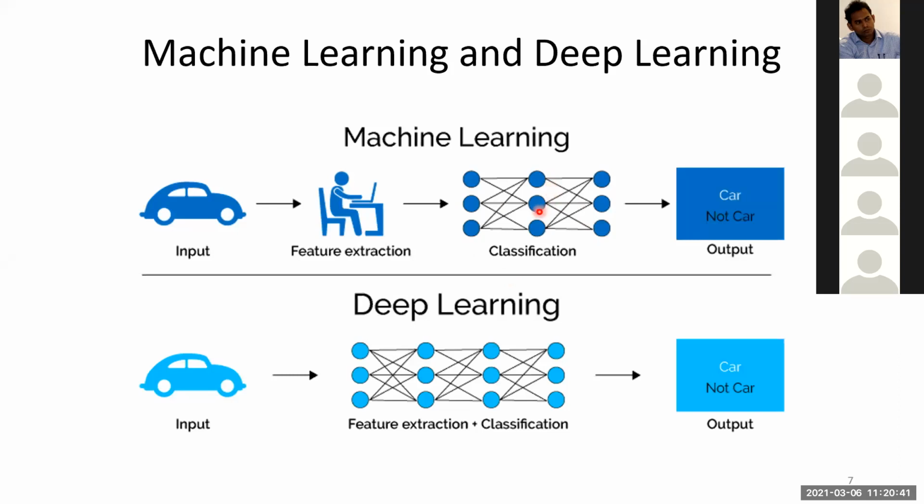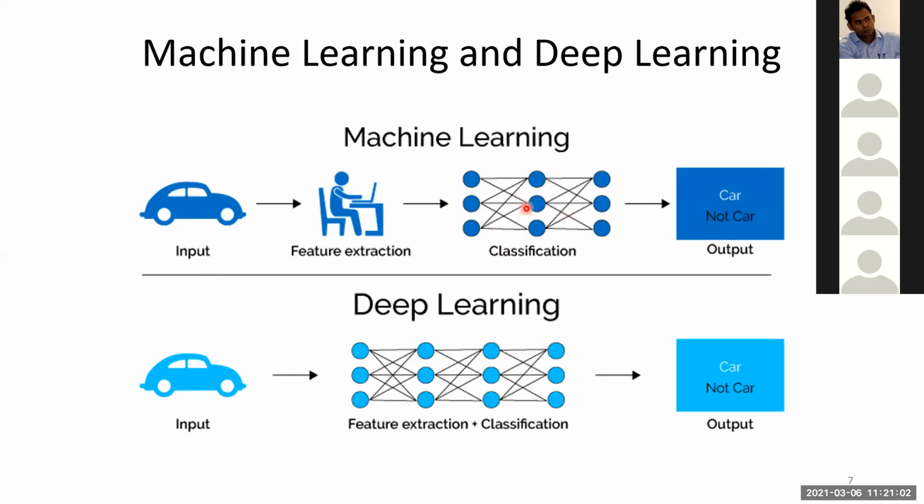But in machine learning as well as deep learning, we give the network a set of inputs as well as a set of labeled outputs. So the network itself learns what it should do. That's called learning.